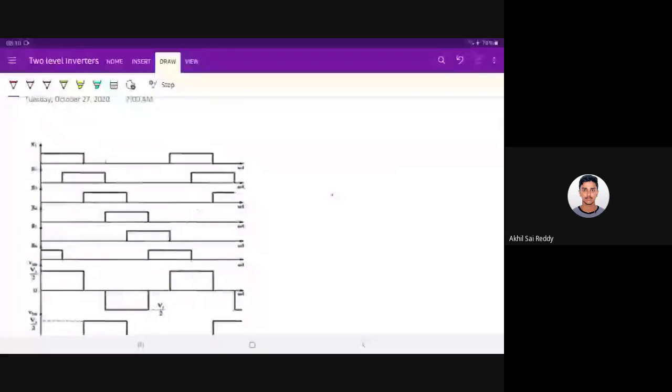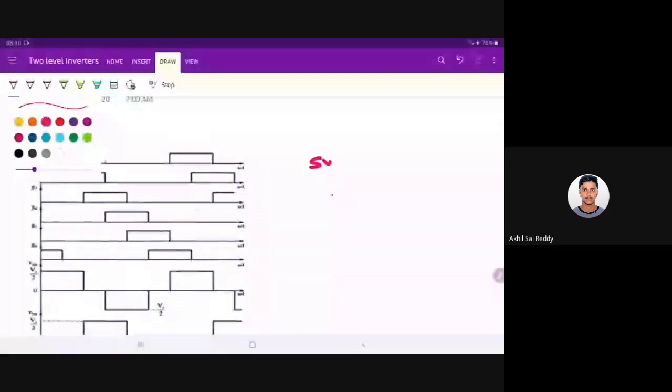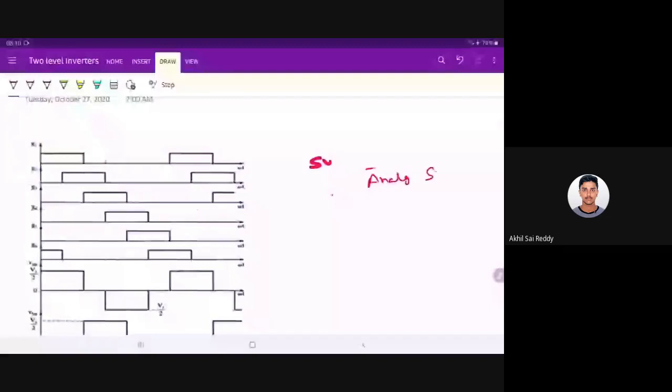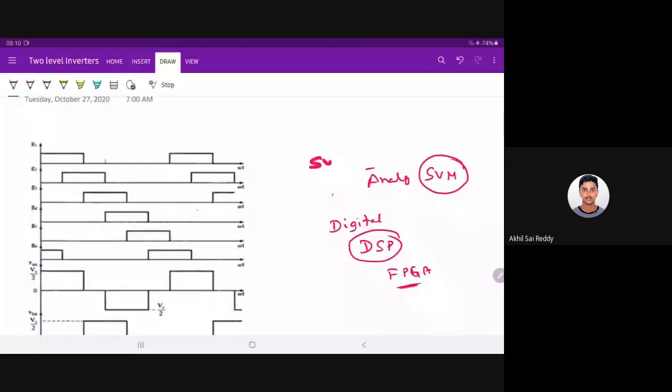So this SVM is not possible to implement using an analog platform. So SVM is not possible to implement in analog circuits. The only way to implement it is by using digital circuits such as DSP, digital signal processors, or FPGA.